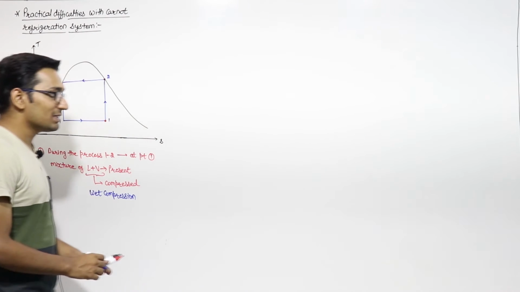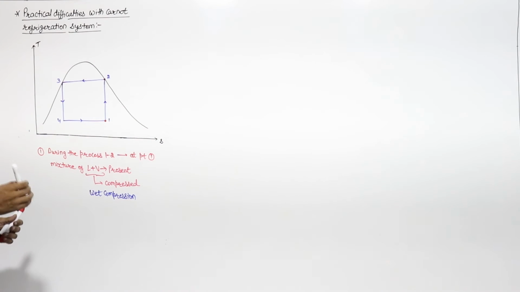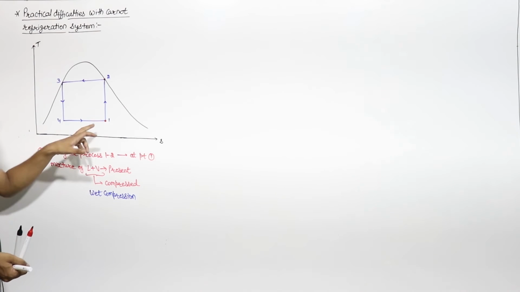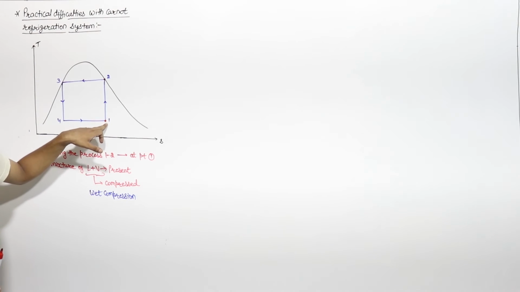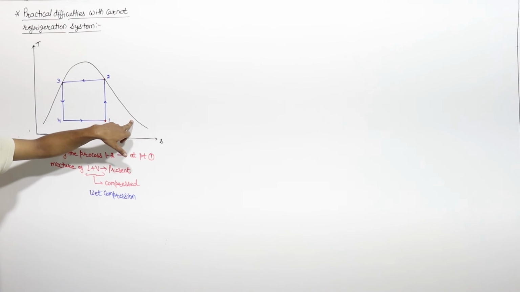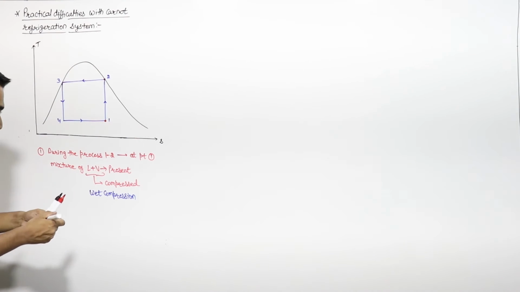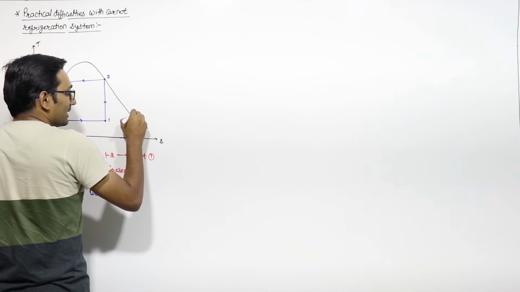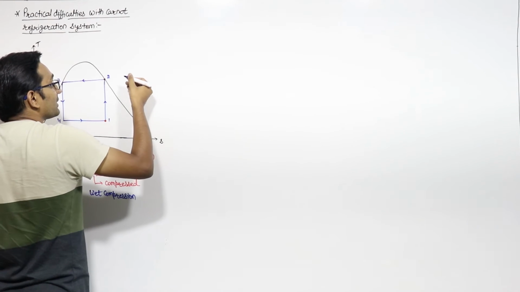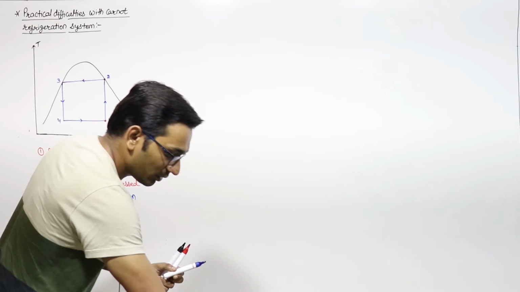Dry compression means that the initial point of compression, this point 1, must be at the saturated vapor line, right?